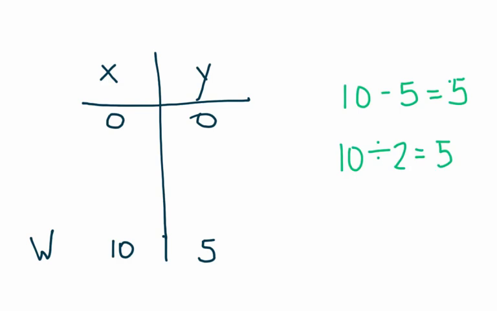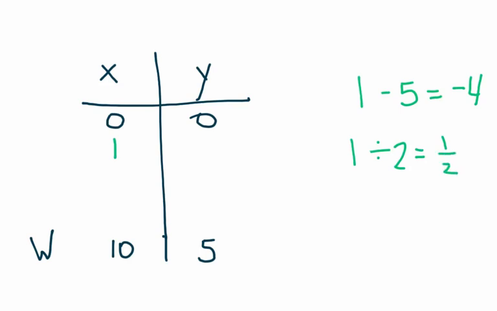So I like what I'm seeing here. Let's take a look at the line and see if any of those work. So let's say x is 1. If x is 1 and I take away 5, instead of a 10 I'm going to put 1 here. My answer for this one would be -4, and for this one would be 1/2.